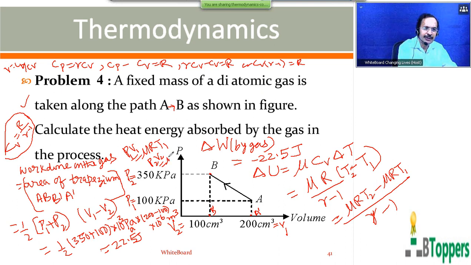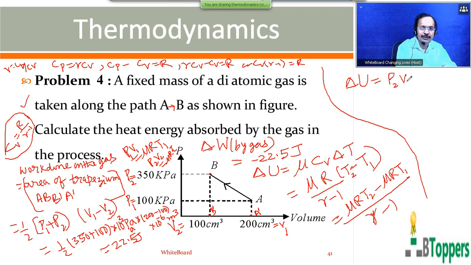P2V2 can be written as nu RT2. Therefore, the change in the internal energy of a fixed mass of the gas in any process can also be written as (P2V2 minus P1V1) by gamma minus 1.